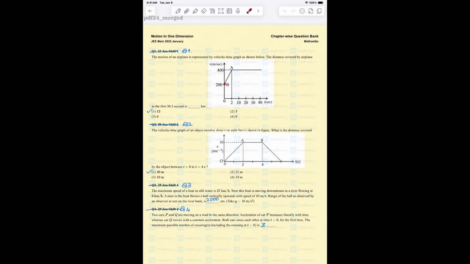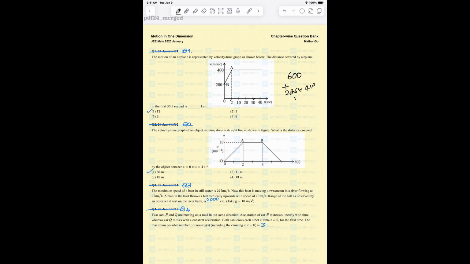This consists of a trapezium. Therefore 200, 400, the average is 300. 300 into 2 is 600. 600 is this particular part of it. Plus then you have to take up to 30.5, so from 2 to 30.5 is the base, multiplied by the altitude, which is 400.